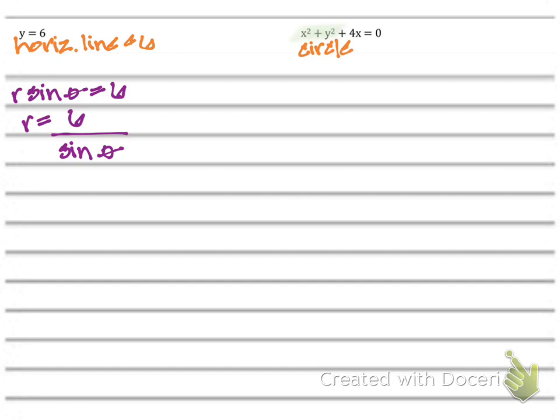Notice here I also have an x squared plus a y squared, which is r squared. So I'm going to rewrite it as r squared plus 4r cosine theta equals 0.